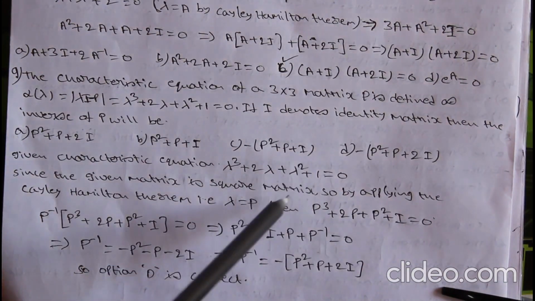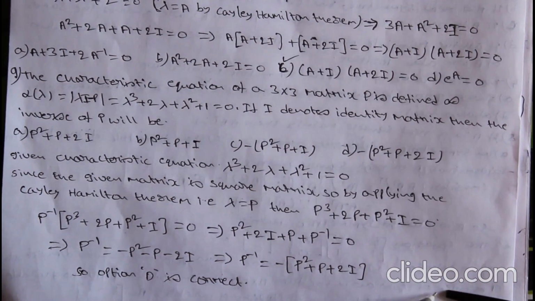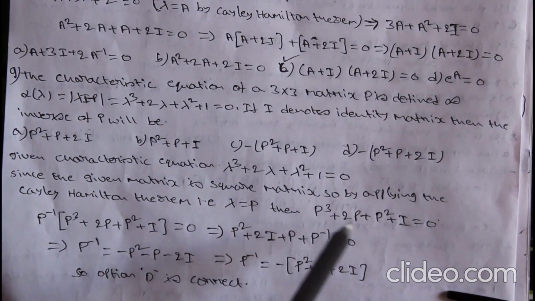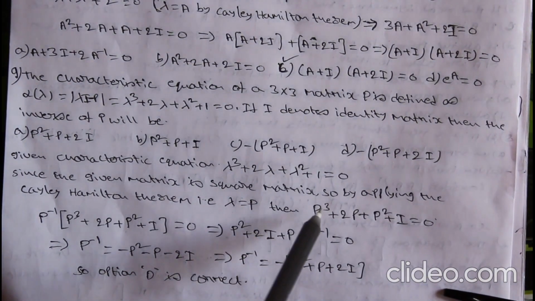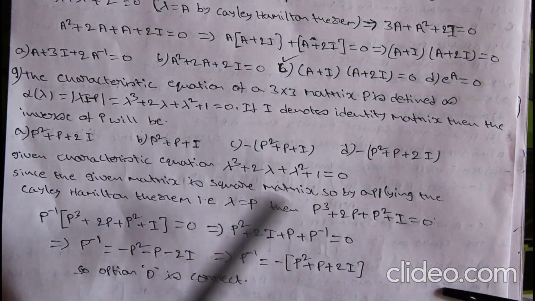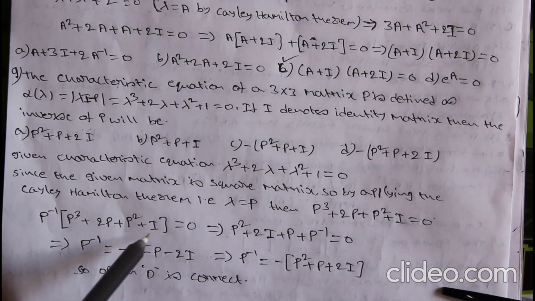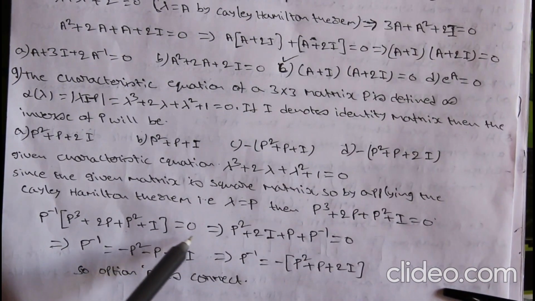While explaining Cayley-Hamilton theorem, I told you how to find the inverse: multiply A inverse on both sides. So P inverse into P cube plus 2P plus P square plus I is equal to P inverse into 0.